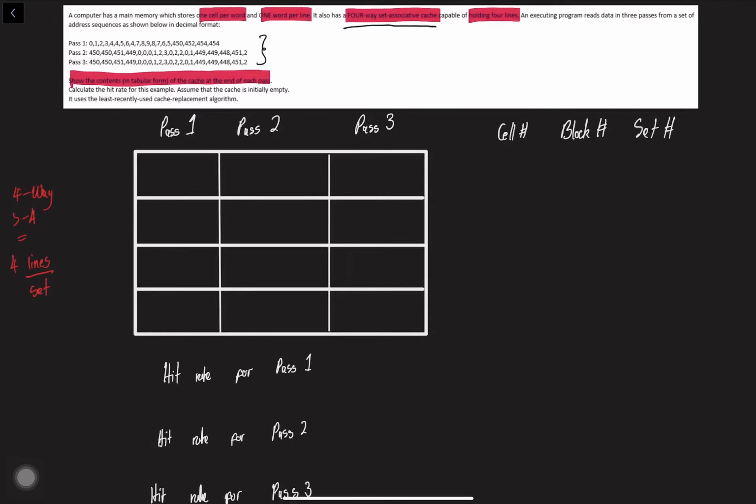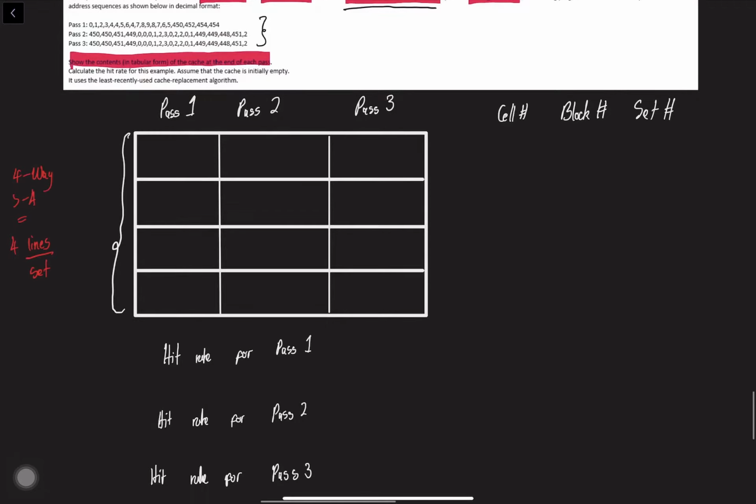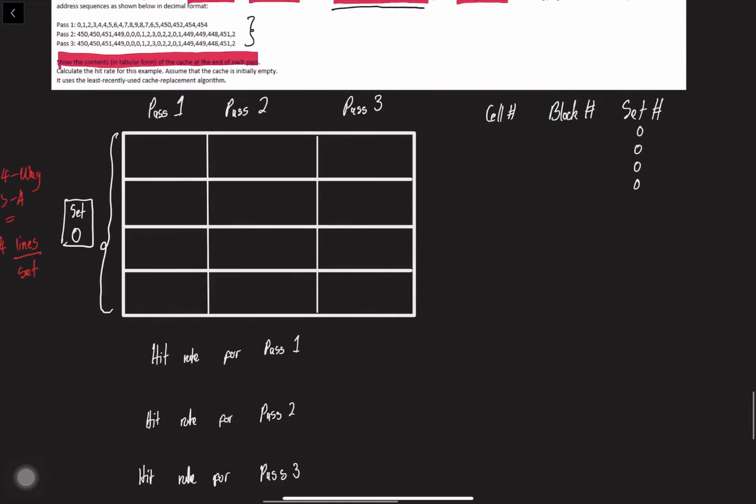These 4 lines mean that we have one set, which is set 0. So these 4 lines equal set 0, and all the possible cells in a block can go into the one set, which is set 0.